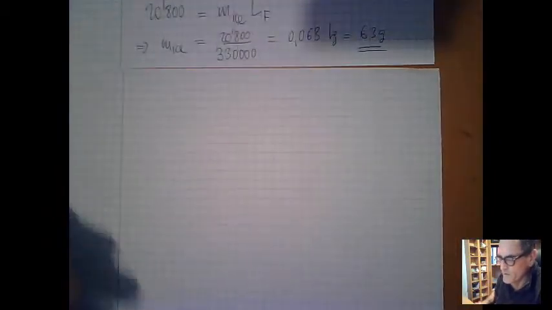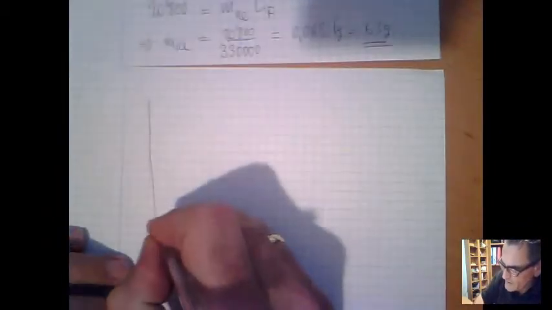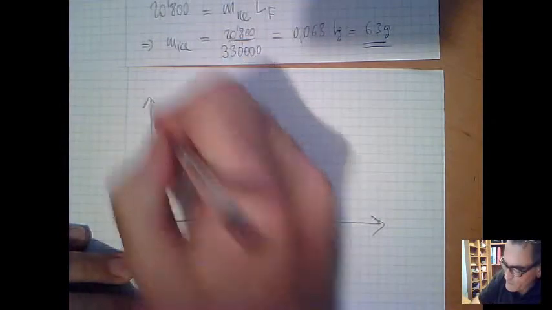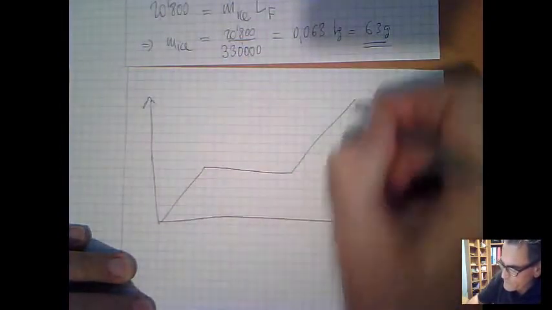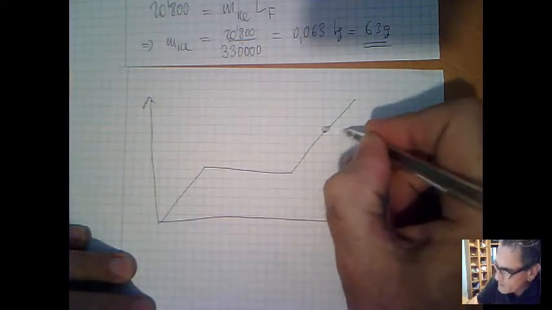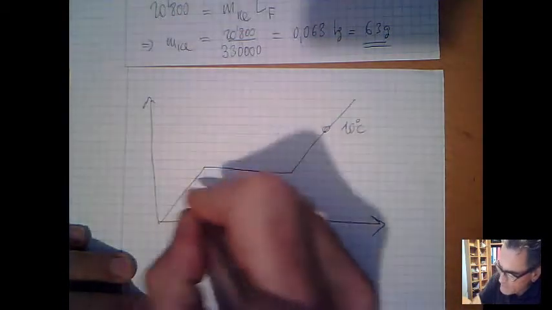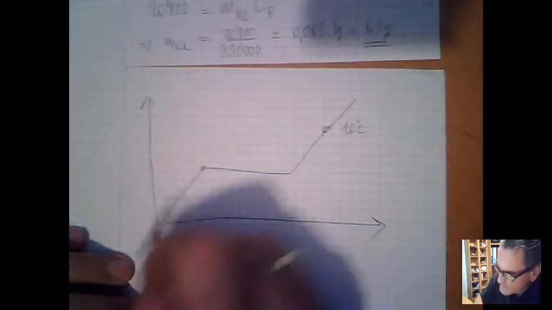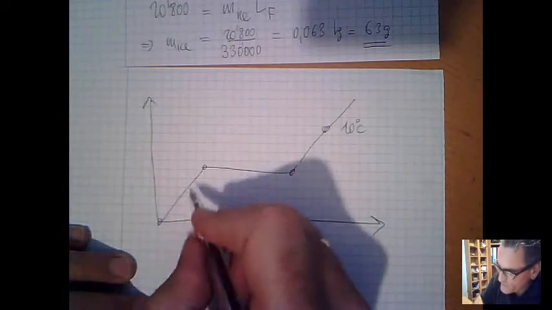Okay, let me do a summary and put in numbers. Again, I am going to do this diagram with the different values. But now I am going to consider the total energy needed for each phase.